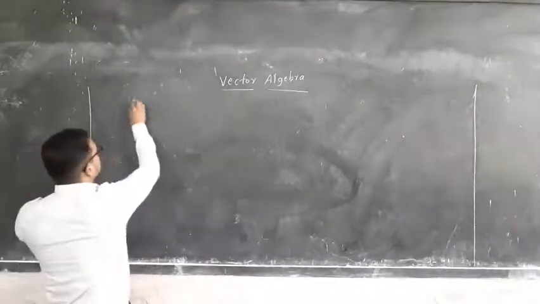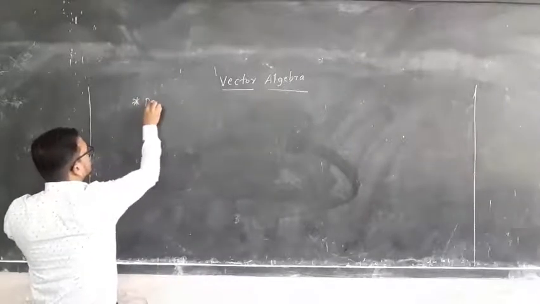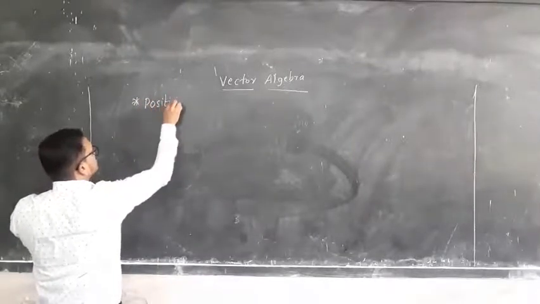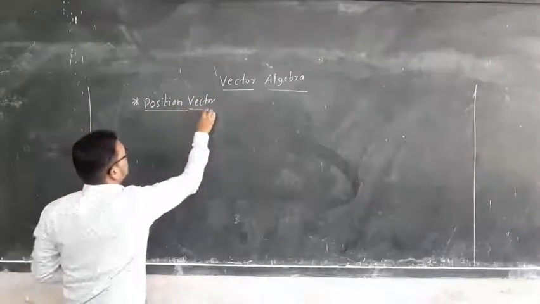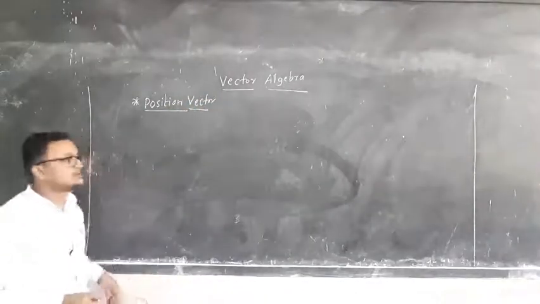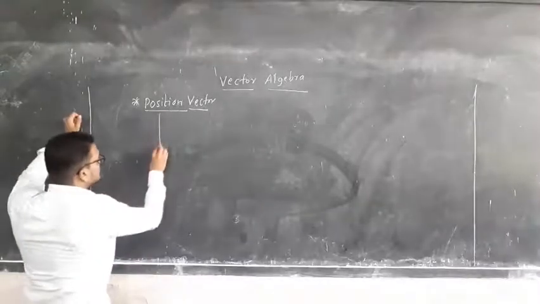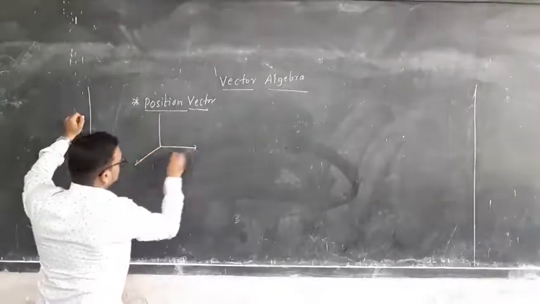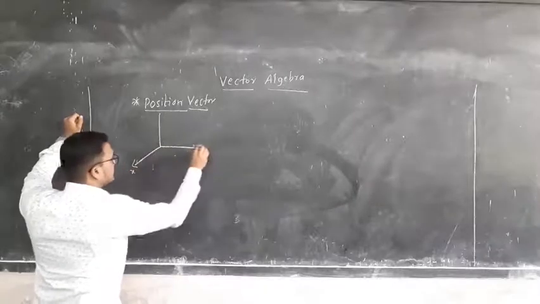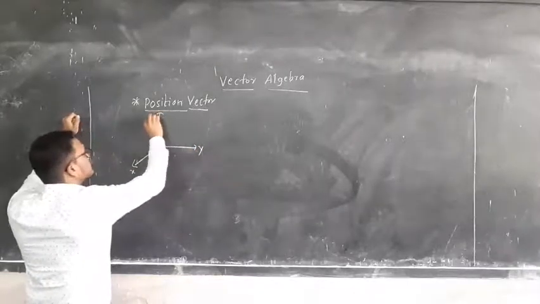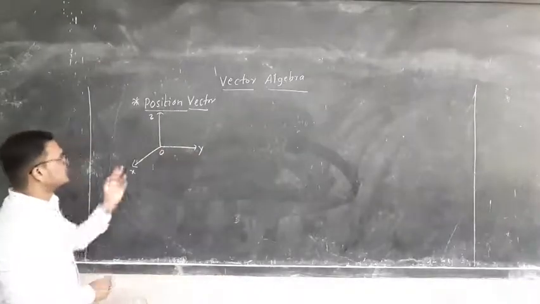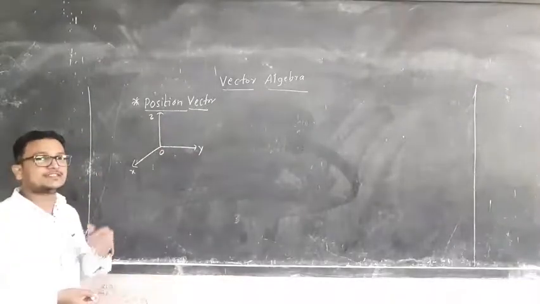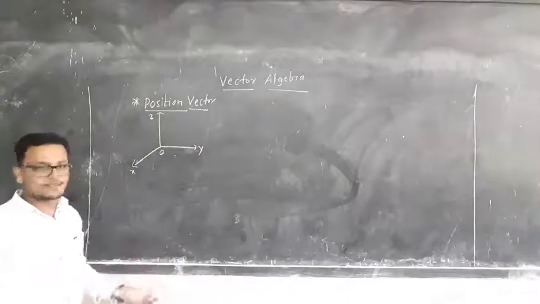The next concept is position vector. Let us see what is meant by position vector. In vector algebra we are dealing with three-dimensional geometry, that is, a three-dimensional plane or space.